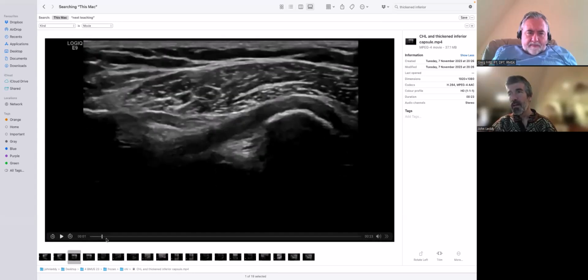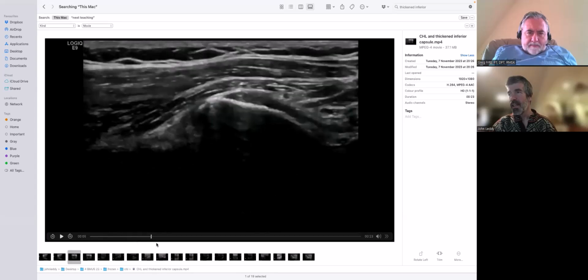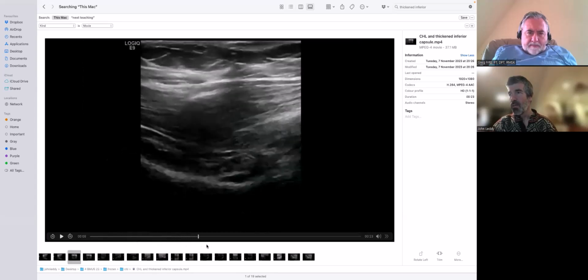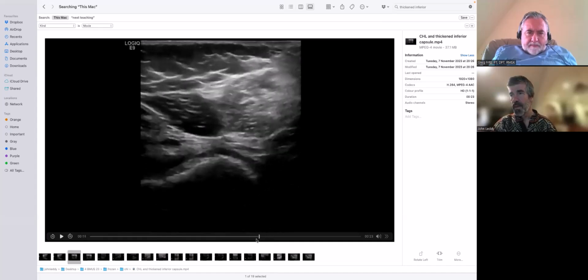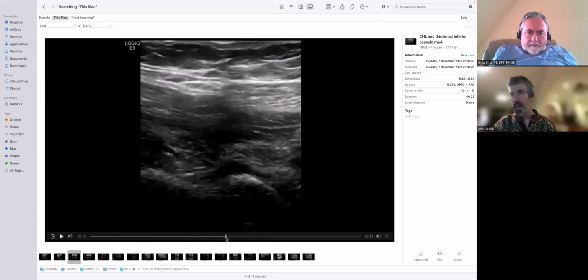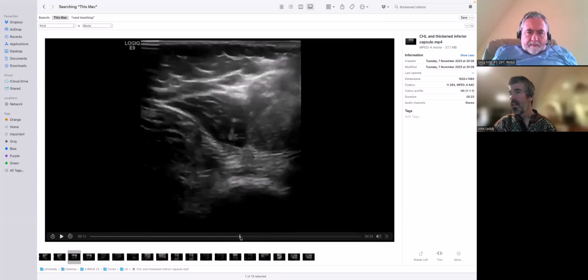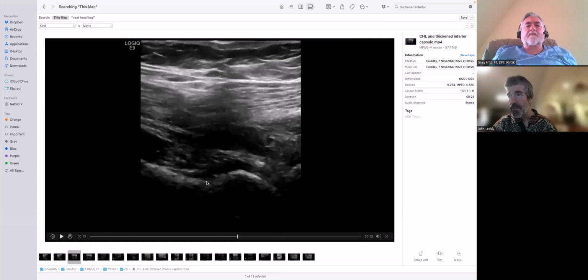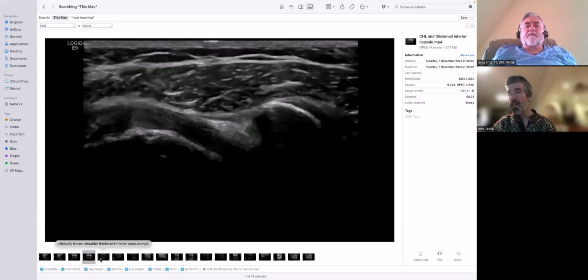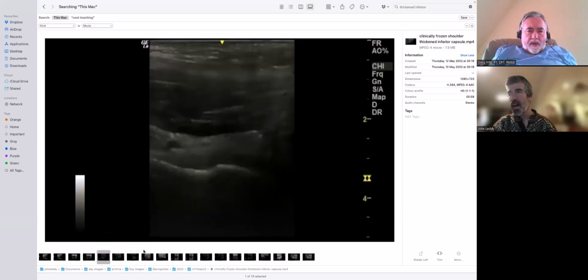Let's see. So there's thickened coracohumeral ligament, and there's the inferior margin there. Yeah, just there. But it's that shape that I'm looking for. These are not good cases for where I'm going.